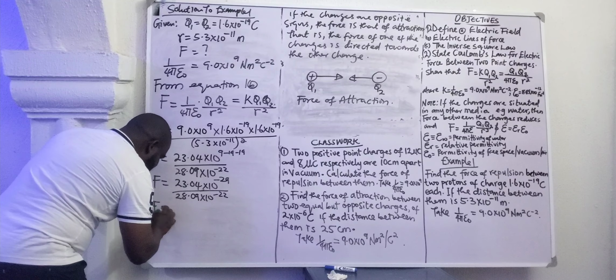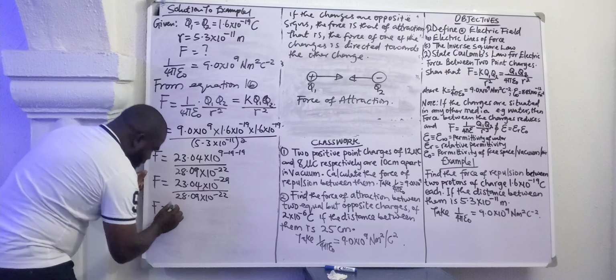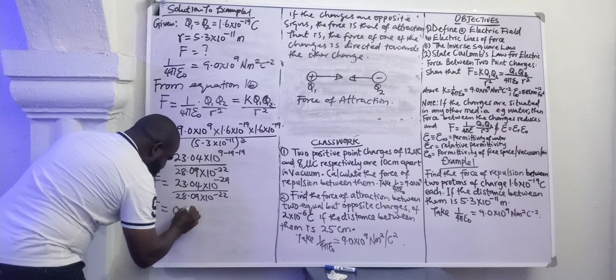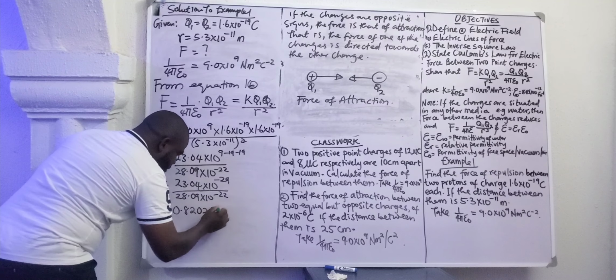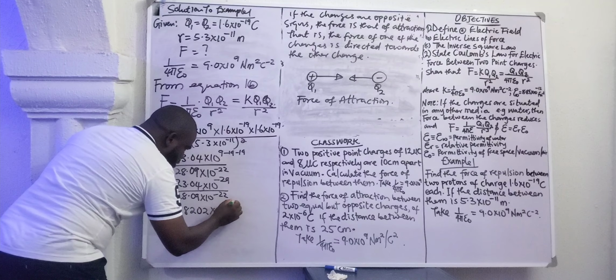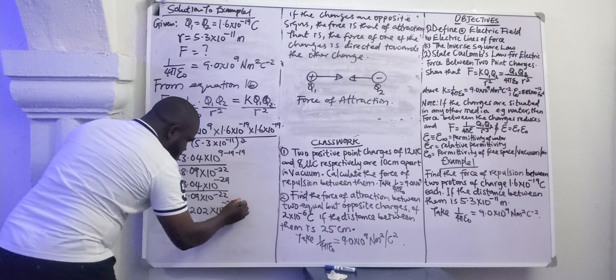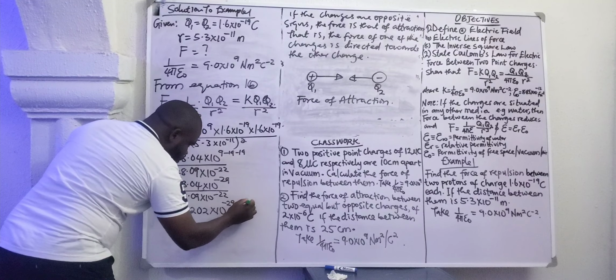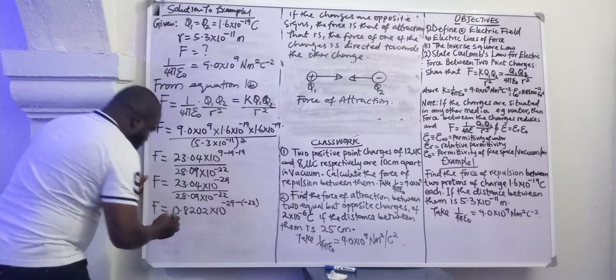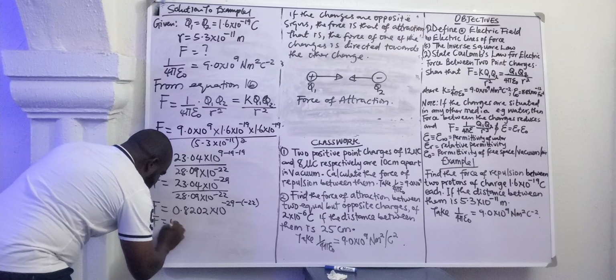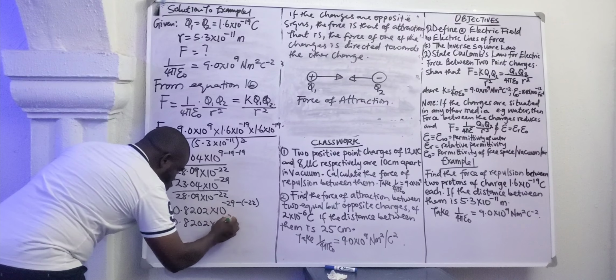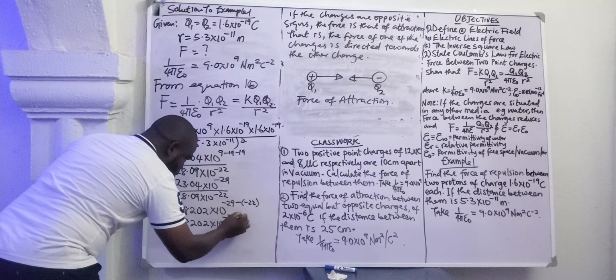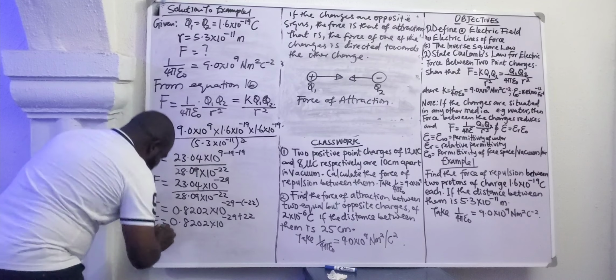You have F is equal to this divided by this value, which gives you 0.8202 times 10 raised to the power of minus 10. This divided, minus sign, then this minus 22. That gives you F is equal to 0.8202 times 10 raised to the power of minus 10, minus times minus is plus 22.